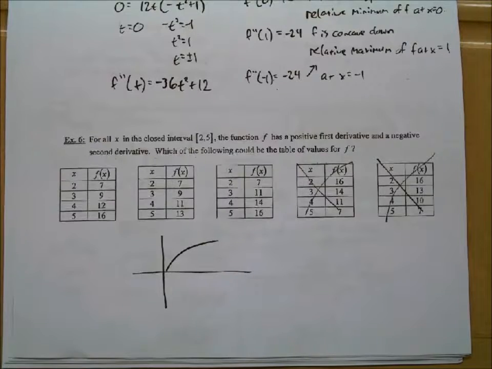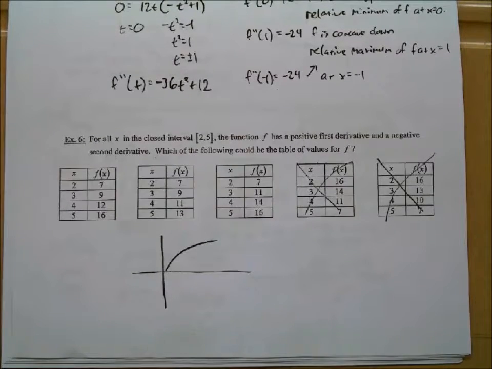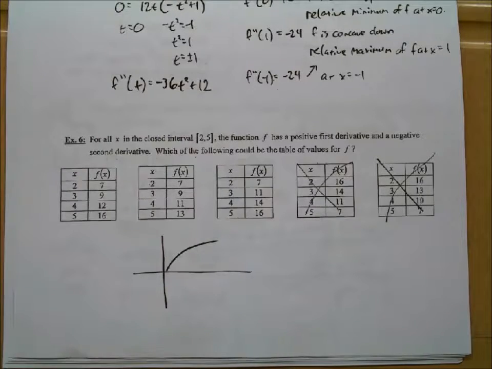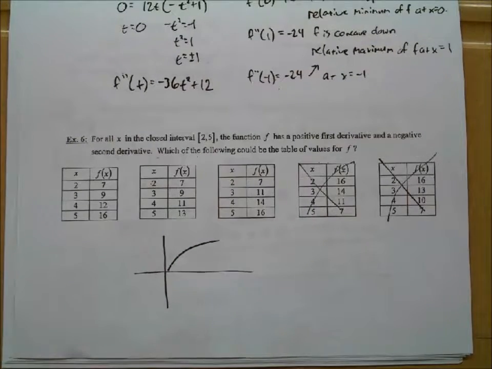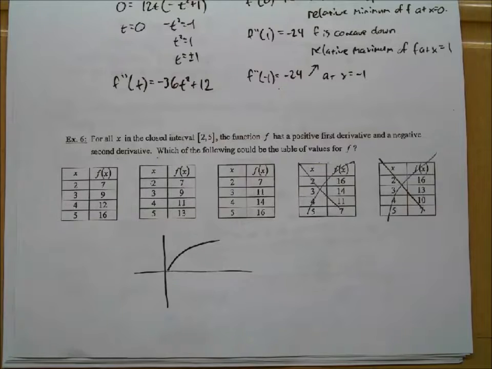So I need to be increasing, but how am I increasing? Yeah, decreasingly increasing, if that makes sense, right? We are increasing still, but we're increasing by a less and less amount each time, right? So that second derivative being negative means we're concave down, so we are decreasingly increasing.